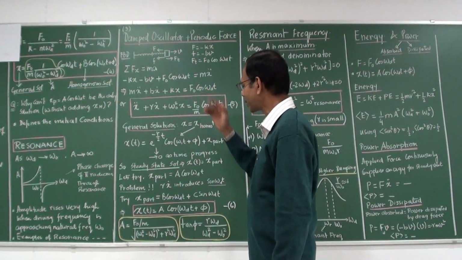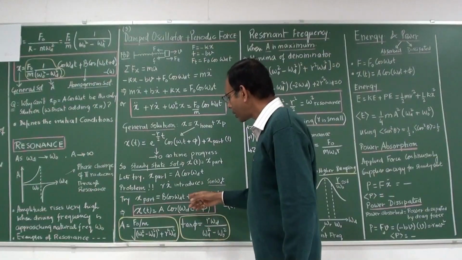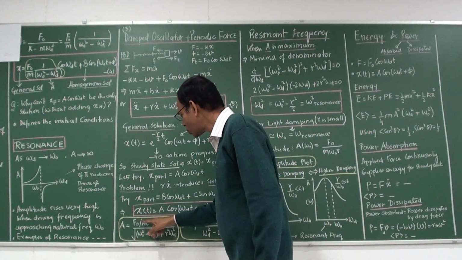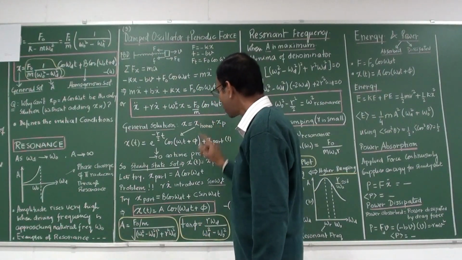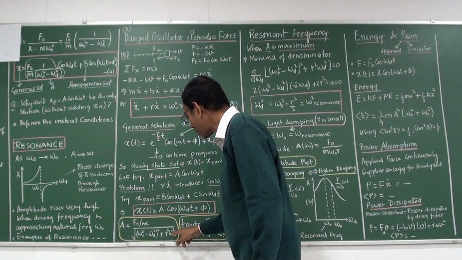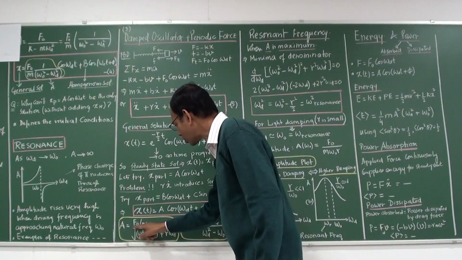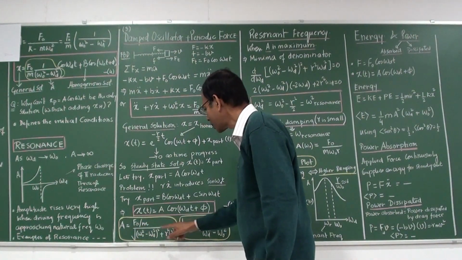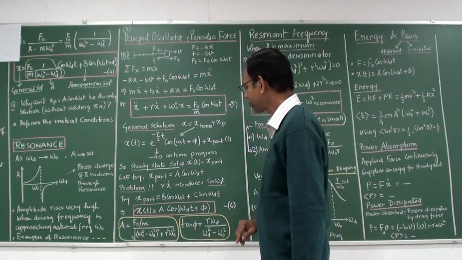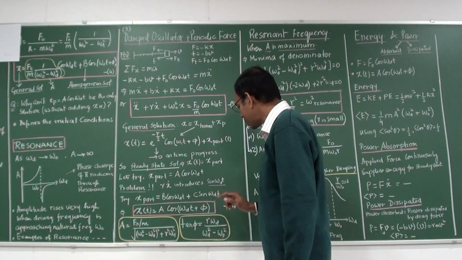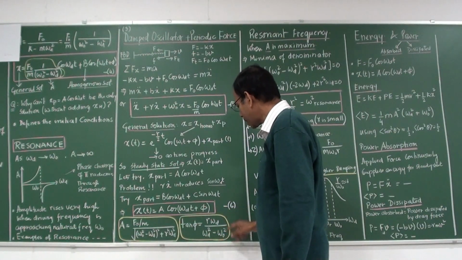Now you substitute it back, and after substituting, the value of A you will get is f0 by m over the square root of omega 0 square minus omega d square, whole square, plus gamma square omega d square. This root is over the whole expression. And tan phi is equal to gamma omega d over omega d square minus omega 0 square.